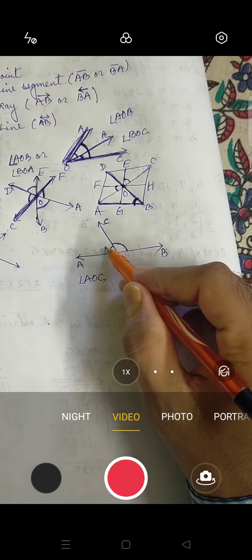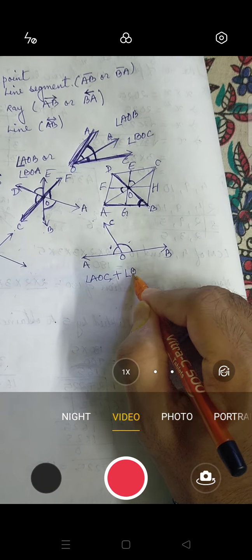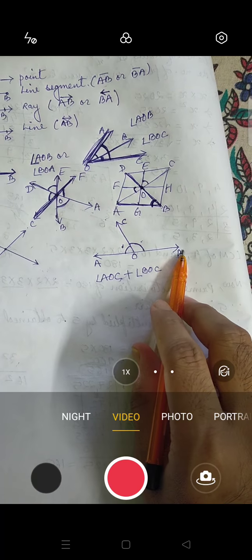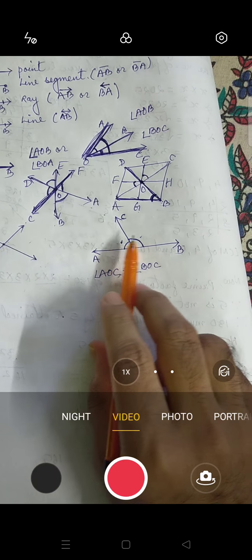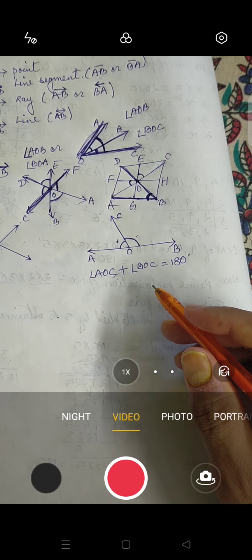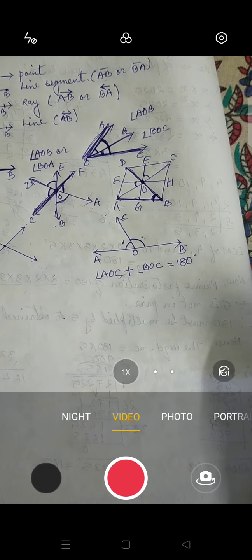So this angle and this angle, if you add, plus angle BOC, or you can say angle COB, you will get 180 degrees. And why is it equal to 180 degrees? That is geometry.